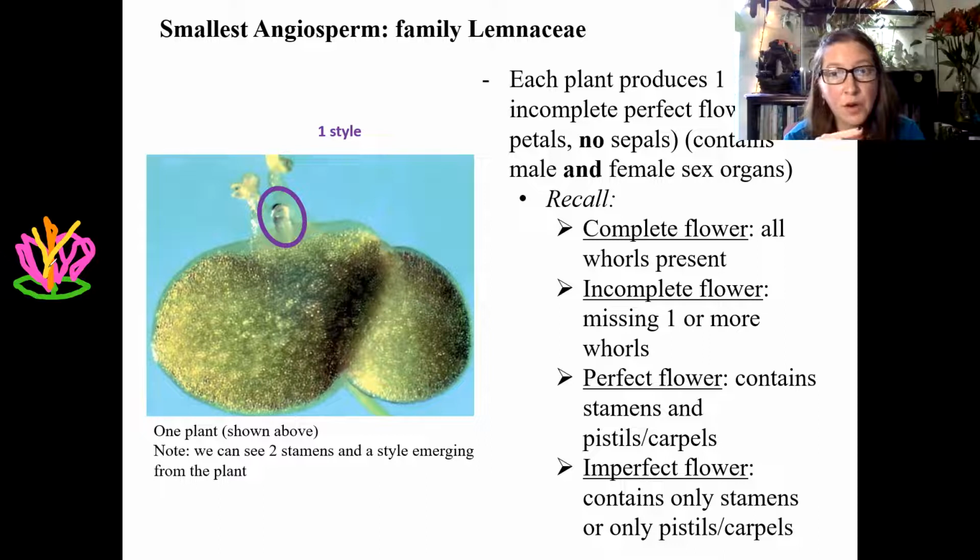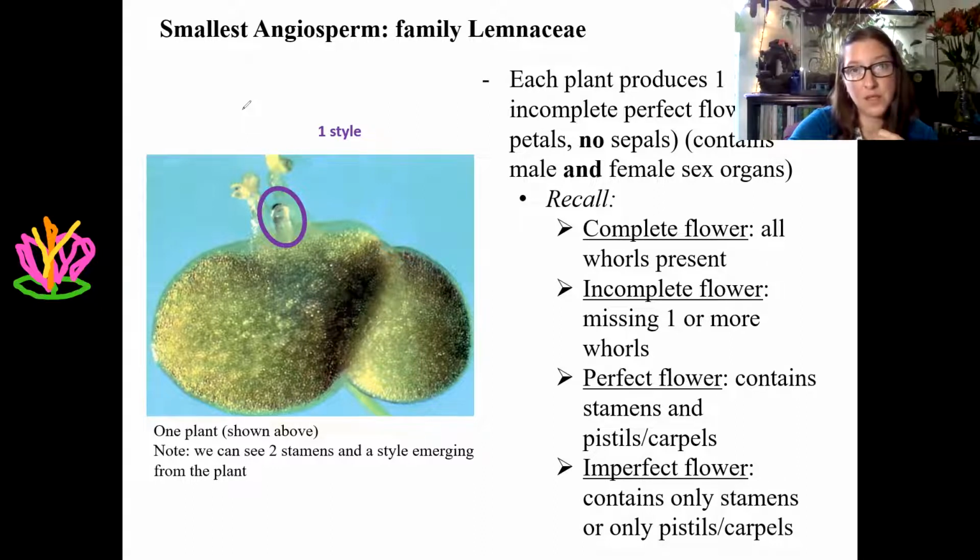Is this flower complete or incomplete? It has sepals, petals, stamens, and pistil, so it's complete because it has all 4 whorls. Is this flower perfect or imperfect? Well, it's perfect, right? Because it has both the stamens and the pistils.